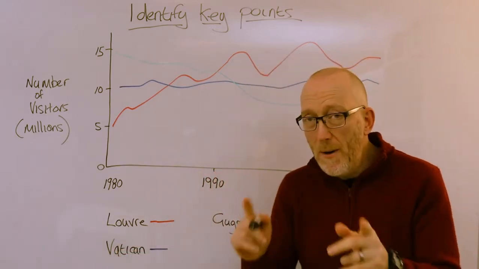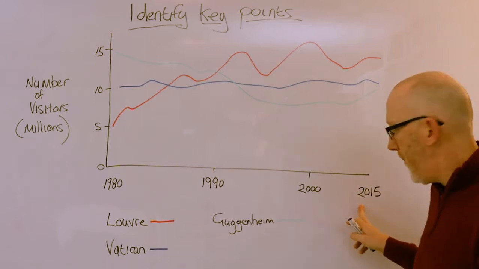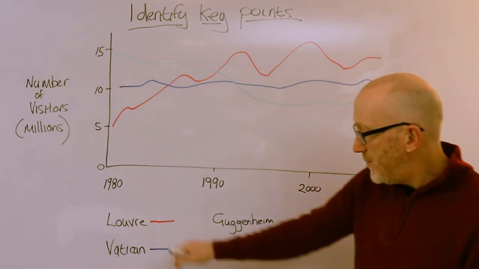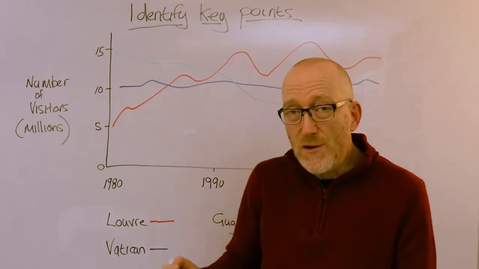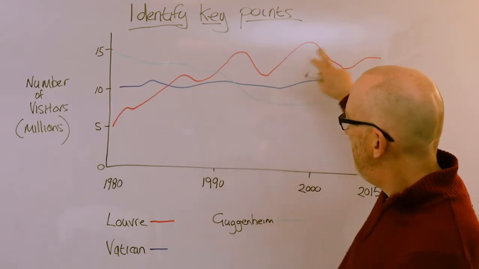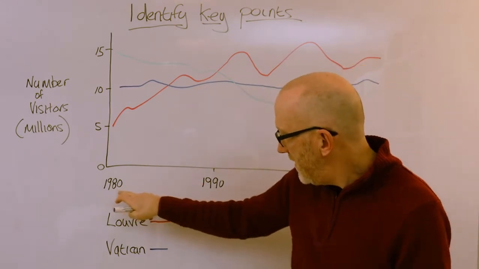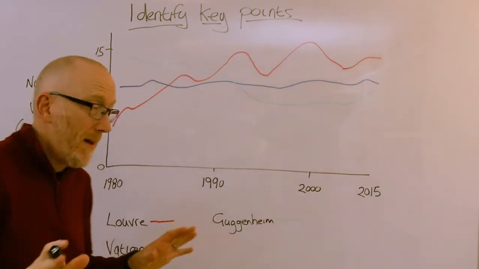Okay, but mostly, as with this one, the charts are all based in the past. Yeah, so it's changed between 1980 to 2015. That is all change over time is. We are showing change, how the number of visitors changed between 1980 and 2015. Change over time. That's all it means.